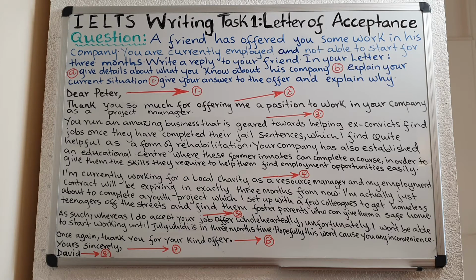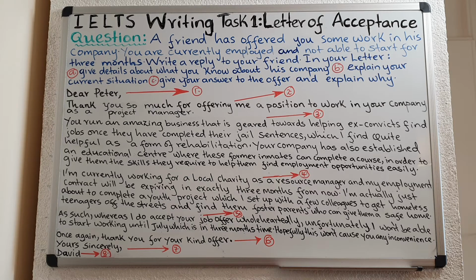So always aim to write more than 150 words. But remember, you've only got 20 minutes to write your task 1. So if you write more than, for example, 160 or 180 words, you don't have enough time to write your task 2.